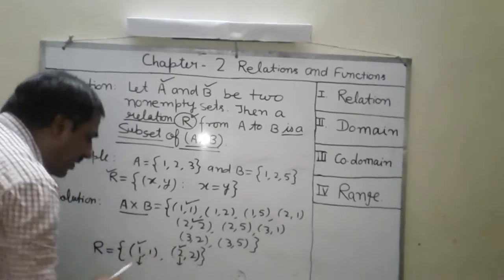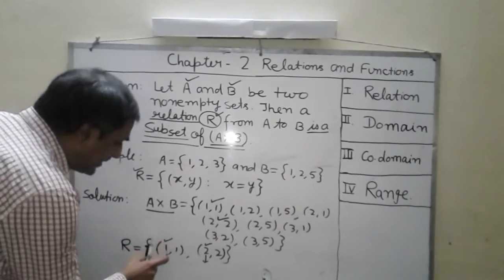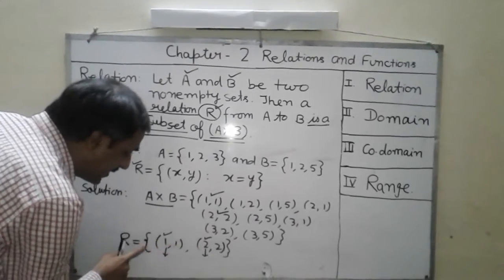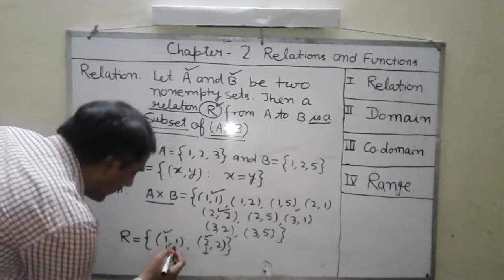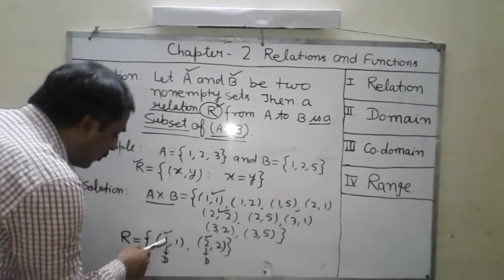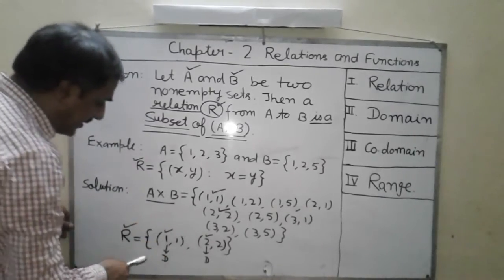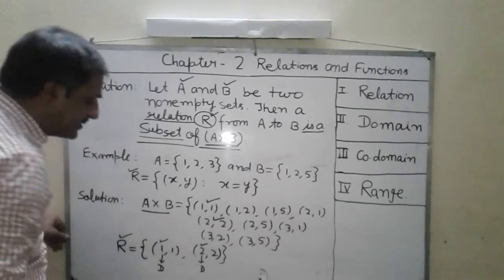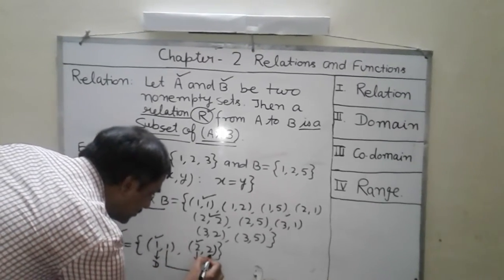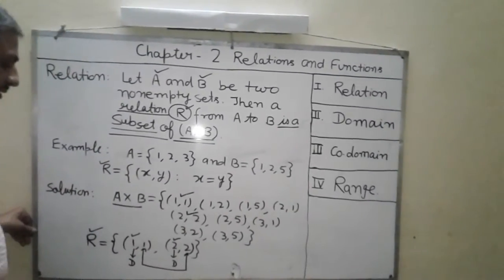The first elements 1 and 2 are the domain of this relation. And the second elements of these two ordered pairs are called the range. So 1 and 2 are the range of this relation.